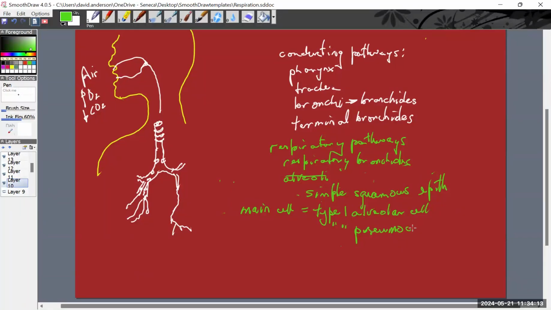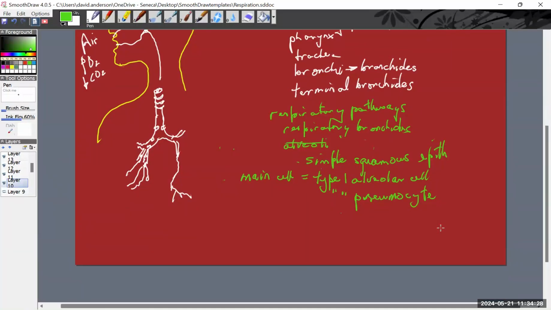Pneumo meaning air, cyte meaning cell. So we're really saying the same thing two different ways. Just so you're clear on the spelling, because my writing's not the greatest, P-N-E-U-M-O, pneumo. So we have a type 1 alveolar cell.